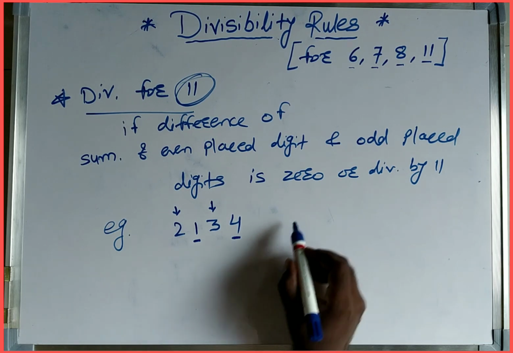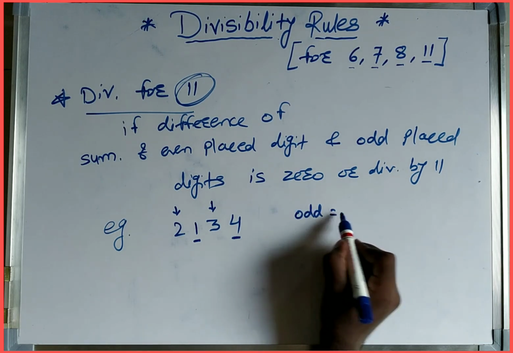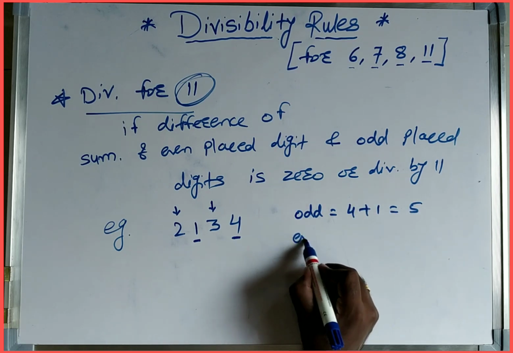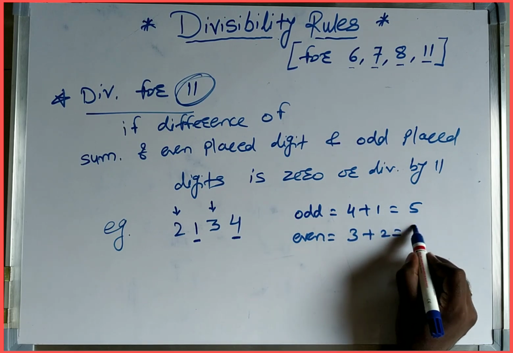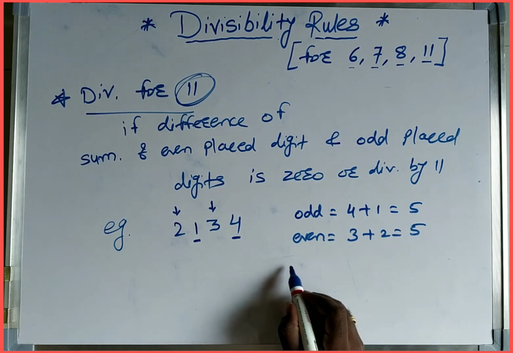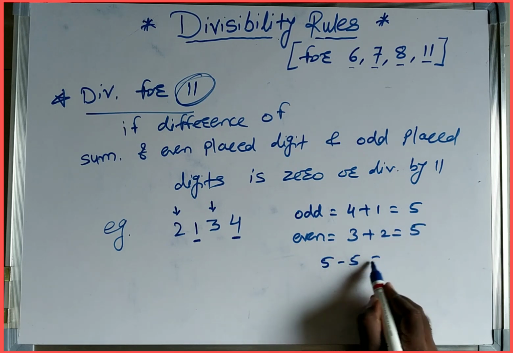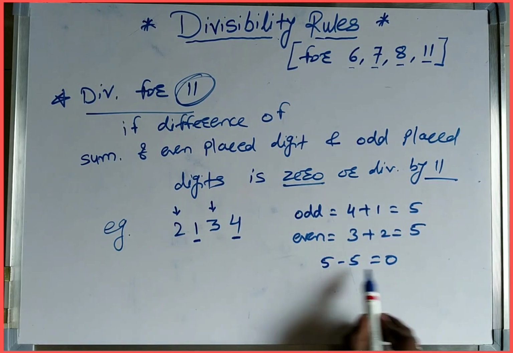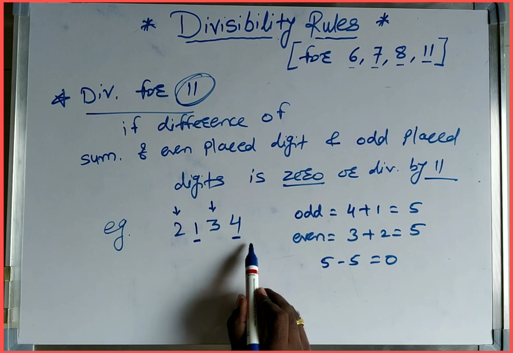So the odd placed sum is 4 plus 1, equal to 5, and the even placed digits are 3 plus 2, again 5. Now what is the difference? 5 minus 5 equals 0, and if it is 0, or a number divisible by 11, then that number is divisible by 11.